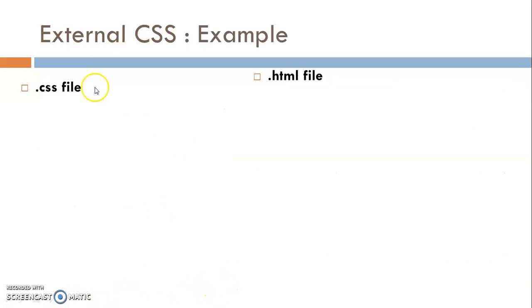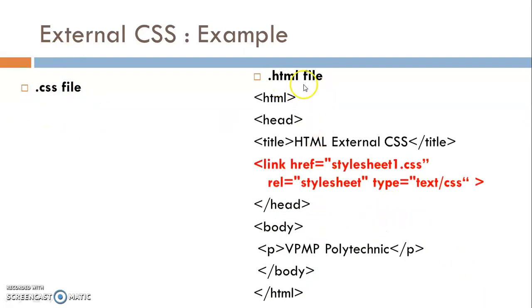Now for an example, in external CSS, I have to create two files. The first one is a file with the extension .html, and the second is a CSS file using the extension .css. First I show the code of the HTML file.